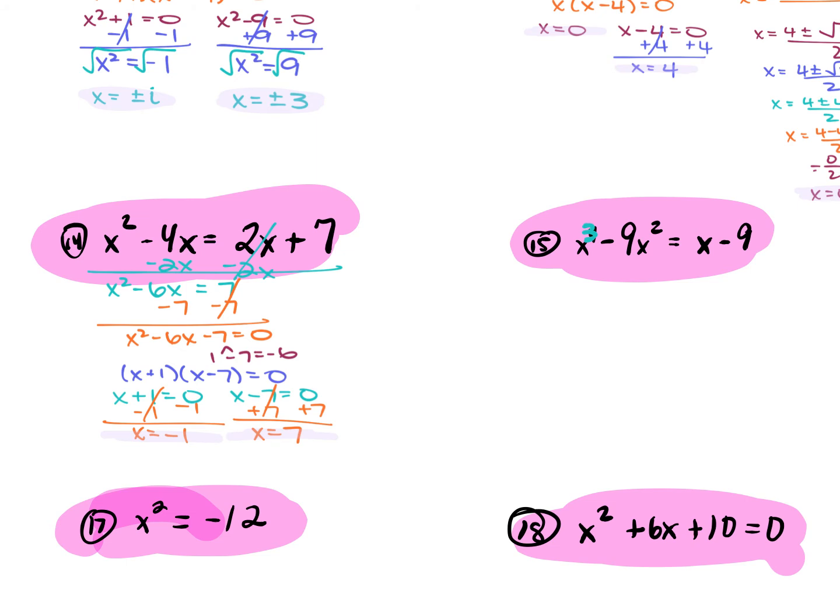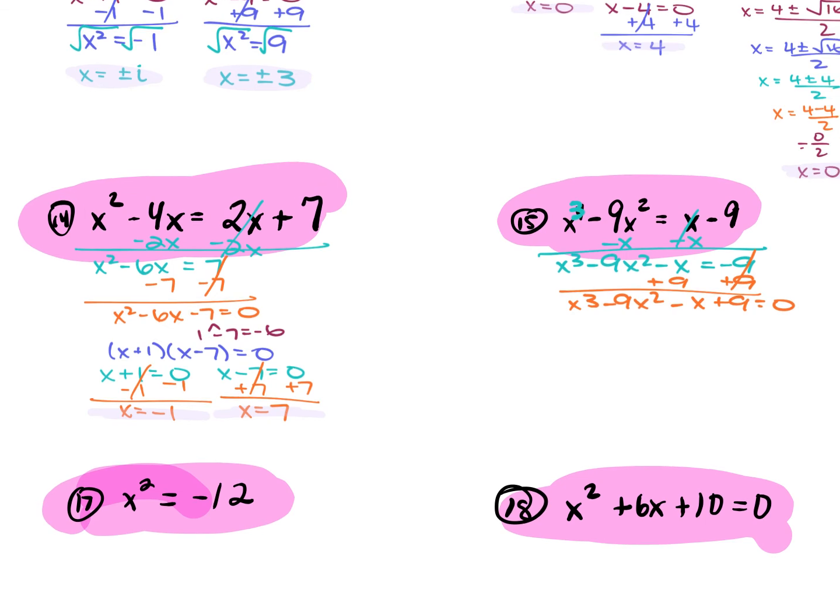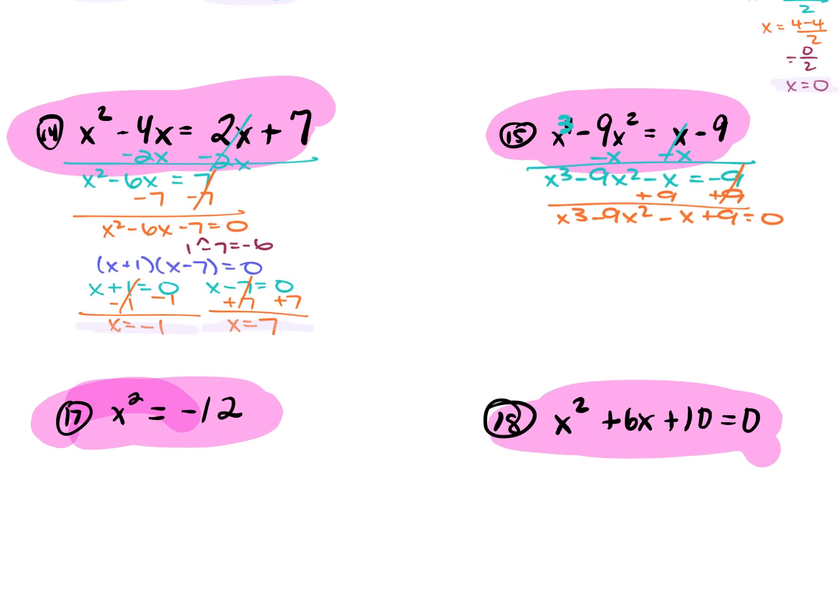All right. So with this, we're going to move the x over, so we'll subtract it from each side. This gives us x cubed minus 9x squared minus x is equal to negative 9. Then we will add the 9 to both sides. So this gives you x cubed minus 9x squared minus x plus 9 is equal to 0. From here, you can factor that left side by grouping.